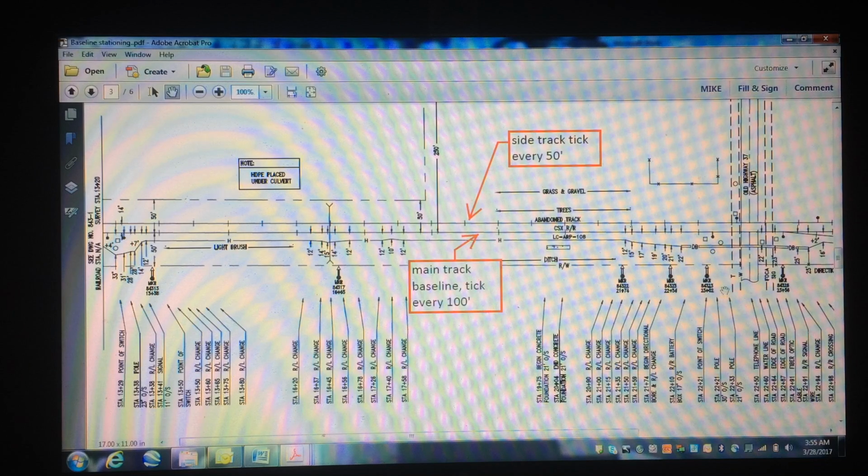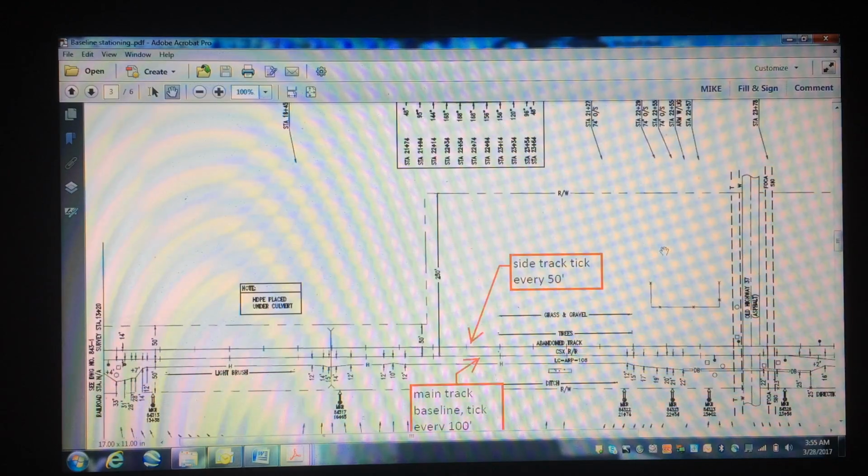And there's a point of switch. That point of switch on the tracks is important for finding where you're at if there's any future work. But you see this pole right here has a station number and is 30-foot offset from the baseline.